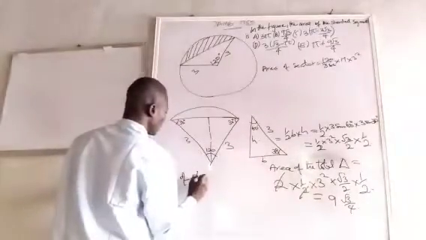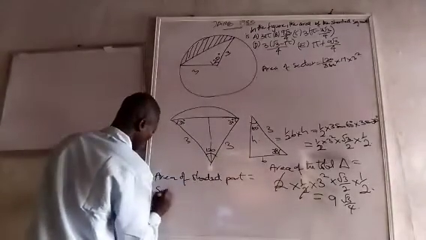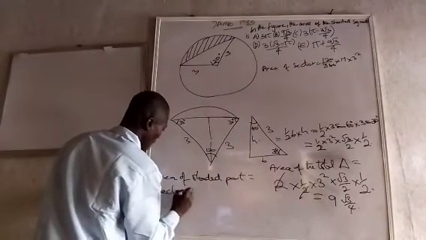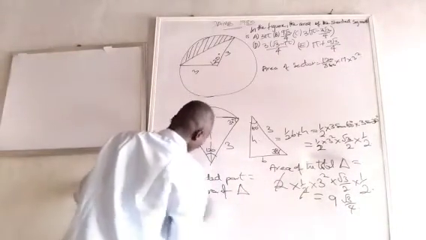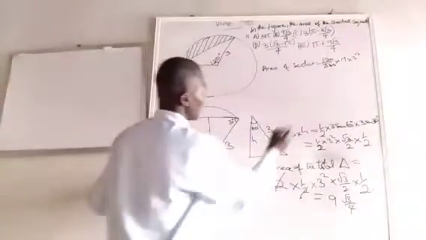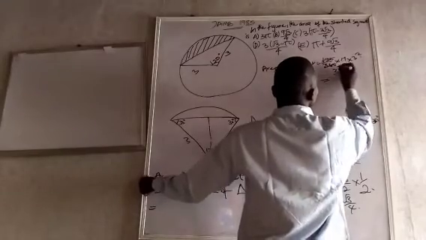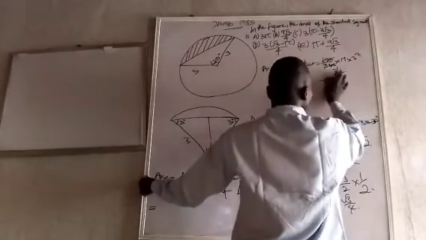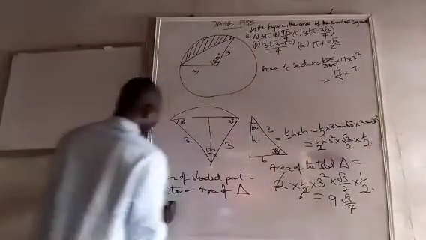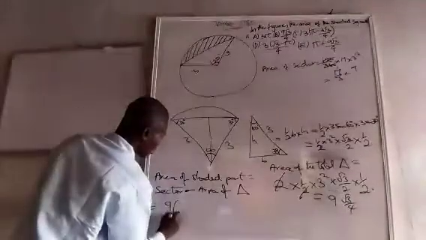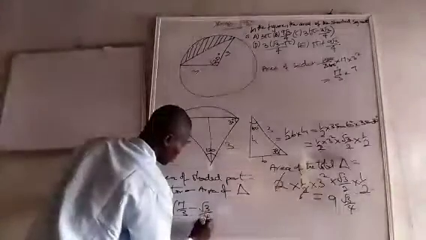Area of shaded part is equal to area of sector minus area of triangle. Let me break it down. 120 over 360 times 9 pi. So I'm going to have 9 into pi over 3 minus 9 root 3 over 4.